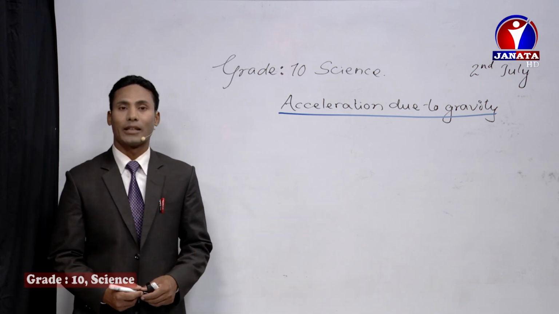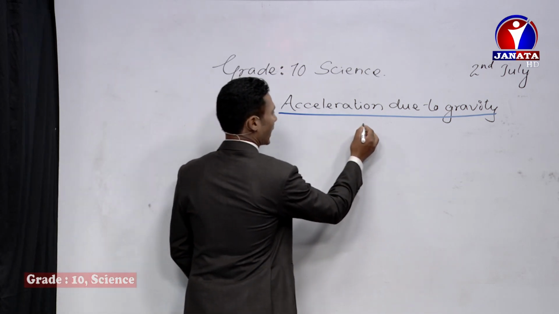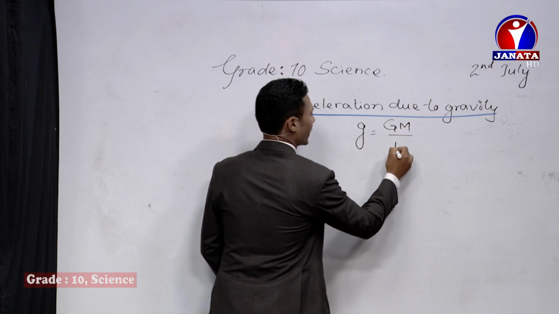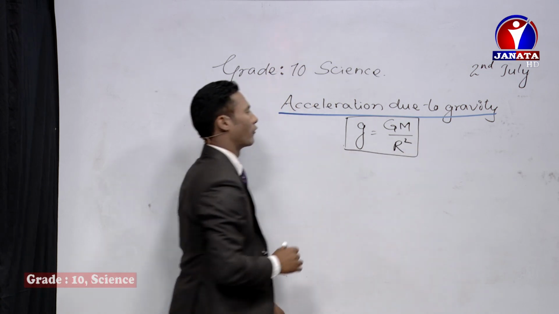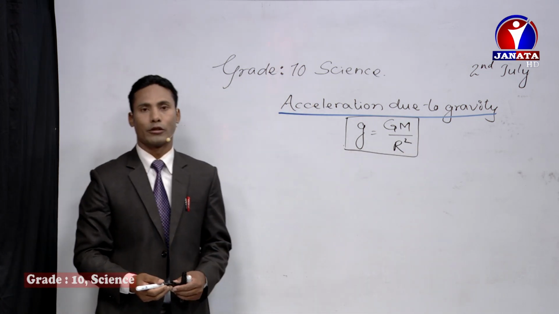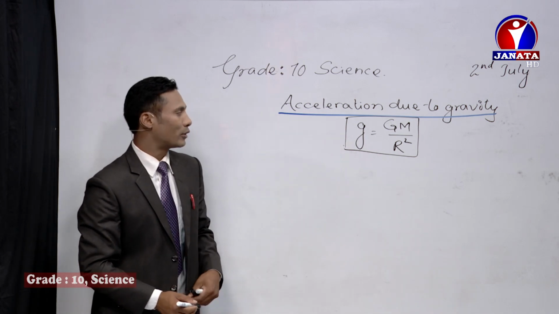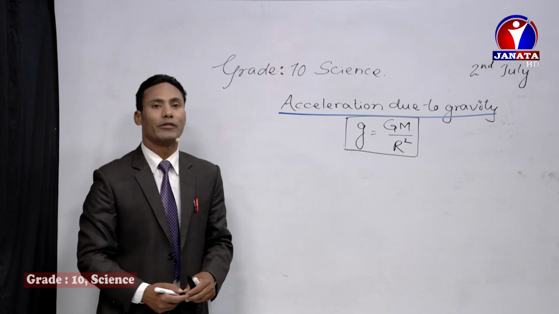We have also derived the formula for the acceleration due to gravity, that is g equals GM by r square, where G is the gravitational constant, M is the mass of the Earth, and r is the radius.